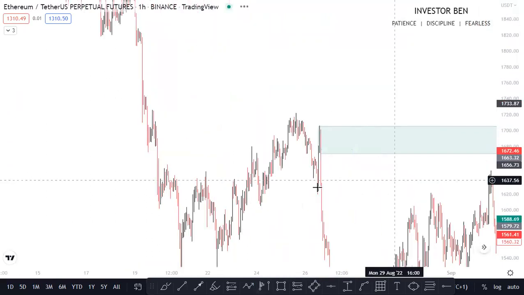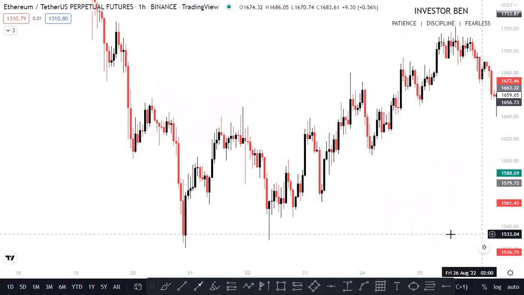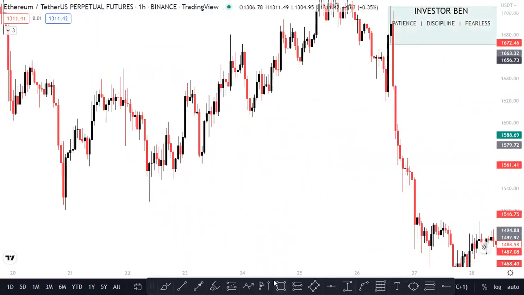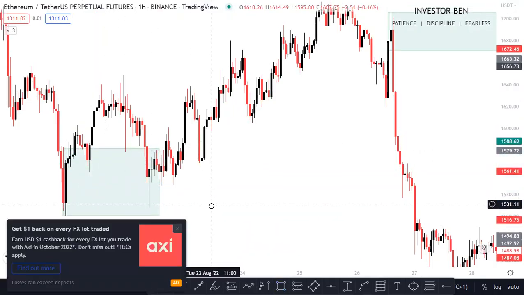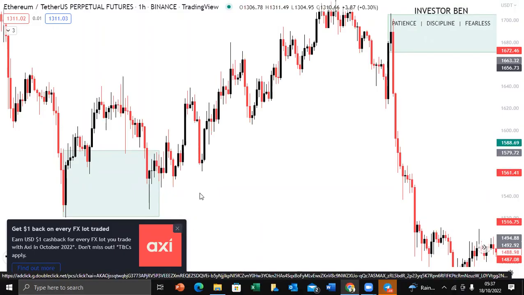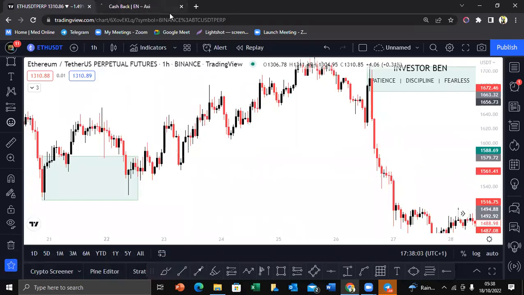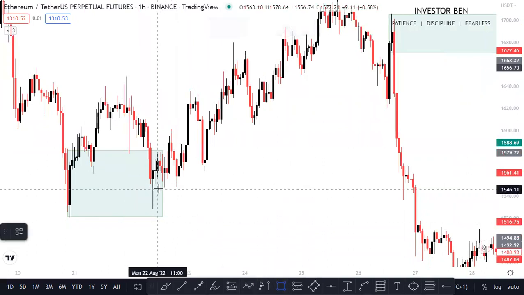Looking at this structure here, we have a bullish order block forming at this point, and price reacted to it.